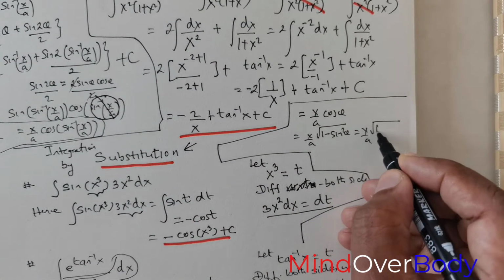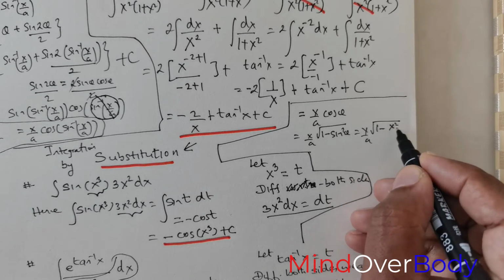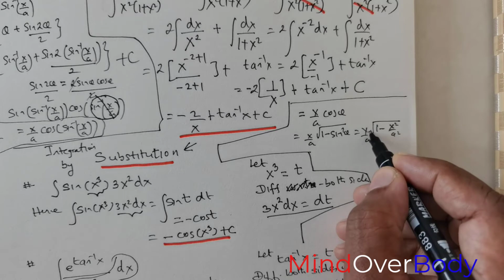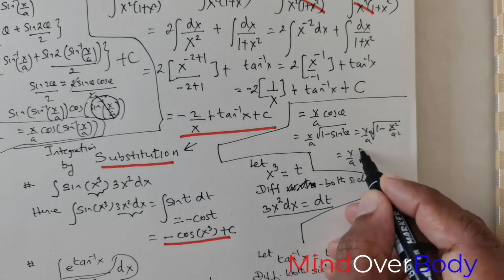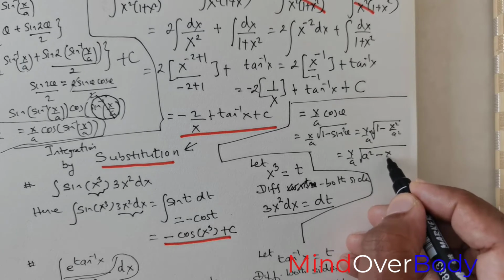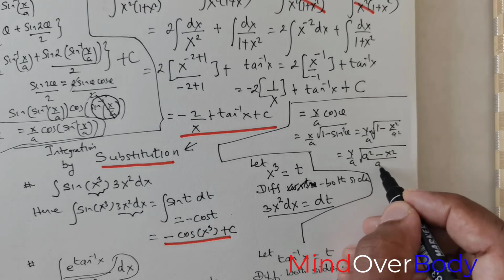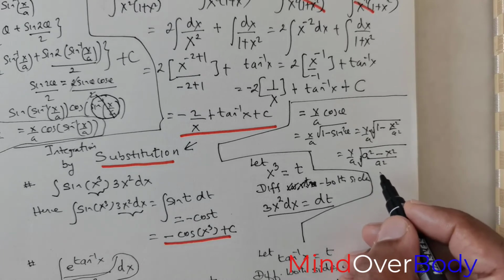So this is going to be 1 minus x over a, the whole squared. That's going to be x squared over a squared, so the root is covering everything. This can be rewritten as x over a times the root of, taking the LCM, a squared minus x squared divided by a squared. If I apply the root to a squared, a would be the outcome.